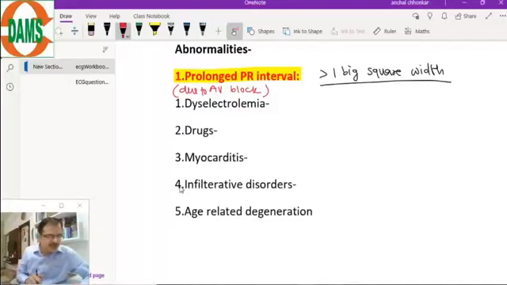The causes of the conduction of the AV node getting slowed down: the first cause is electrolyte imbalance. And can anyone tell me which electrolyte imbalance inhibits AV node depolarization?